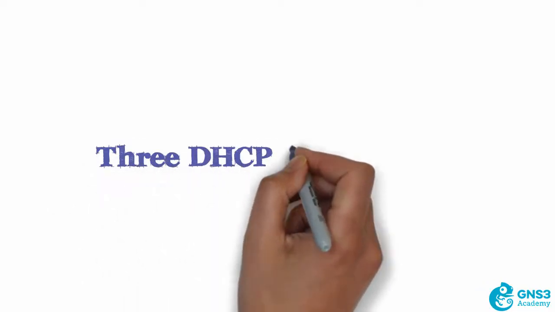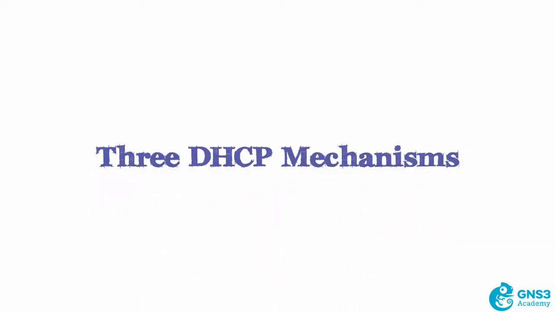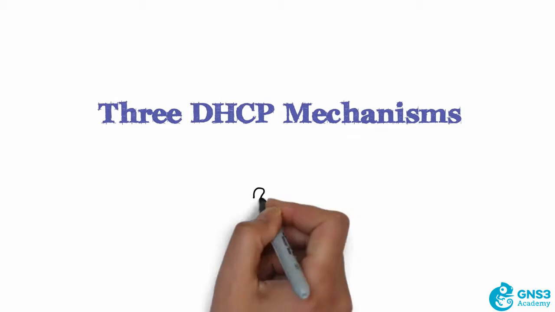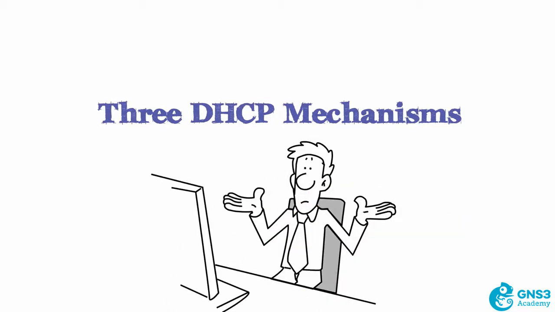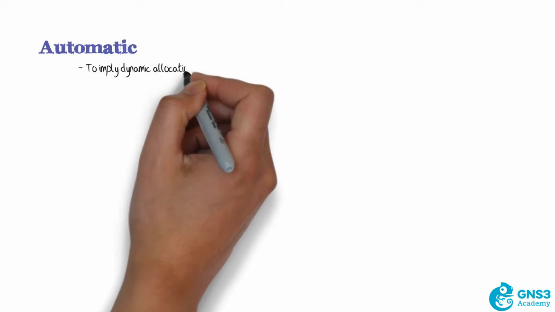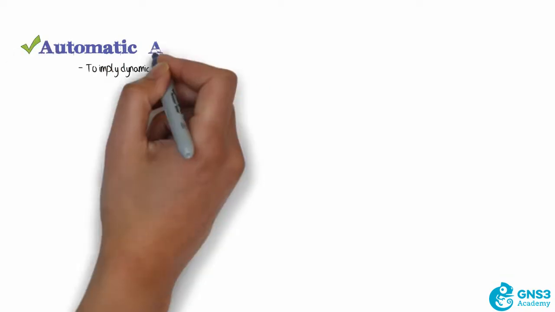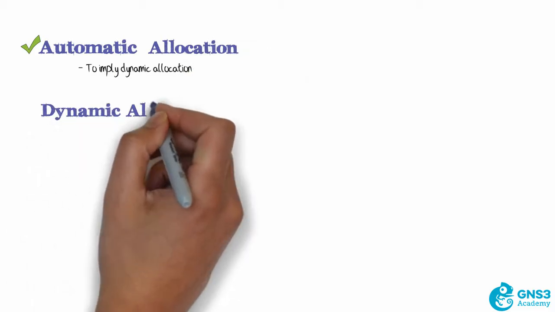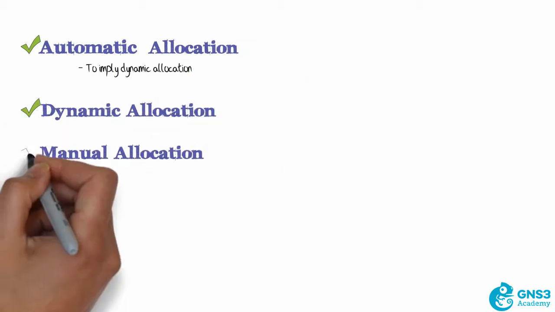Now, there are three DHCP mechanisms discussed in the CCNA, and these often cause a lot of confusion because the names are counterintuitive. Most of us in the real world use the term automatic to imply dynamic allocation, but for this course there's a differentiation between automatic allocation, dynamic allocation, and manual allocation.